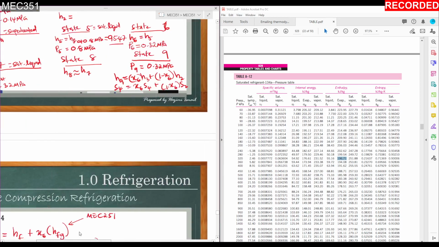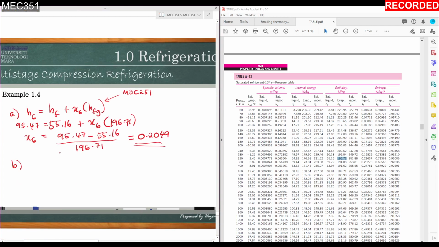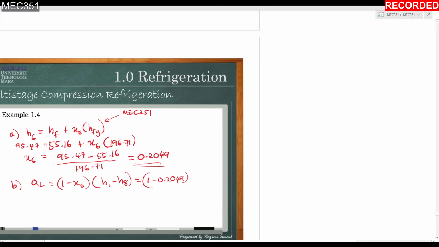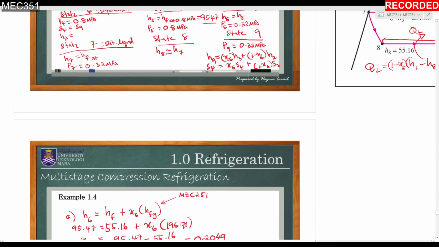Okay. One minus x6 times H1 minus H8. So 1 minus 0.2049 multiplied with the H1. Where is the H1 value?